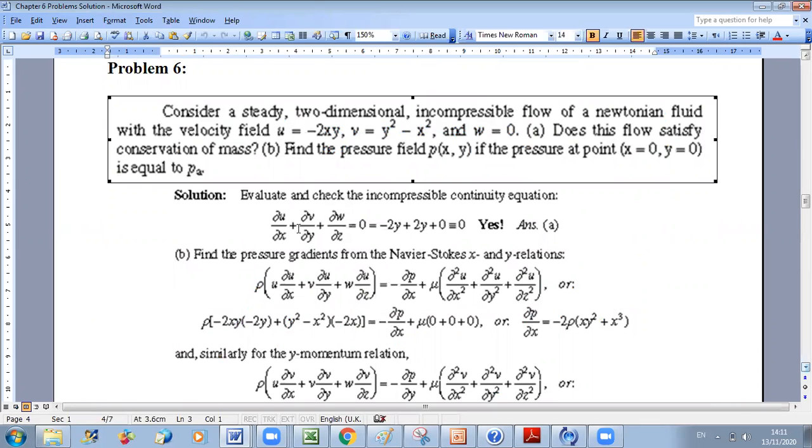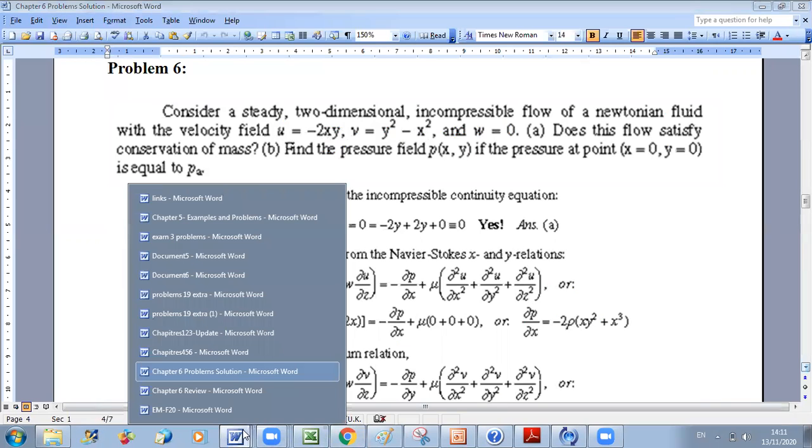Here, this is what they did. They first wrote the general relation. I will take them for you because they are not including all terms, and I want you to see how we simplify terms. So I will take the relations u equals minus 2xy, v equals y squared minus x squared, and write them here.